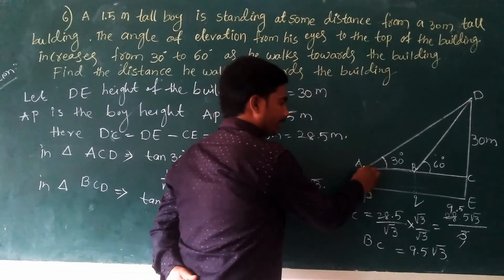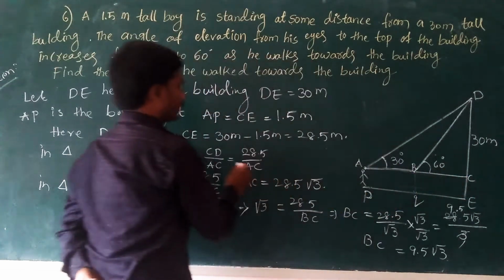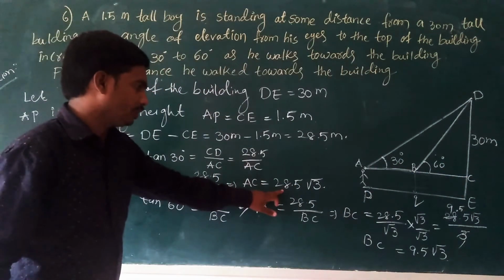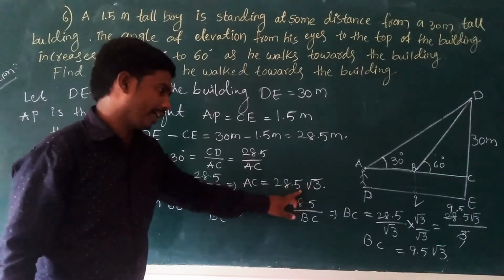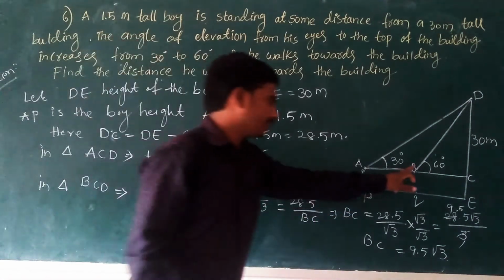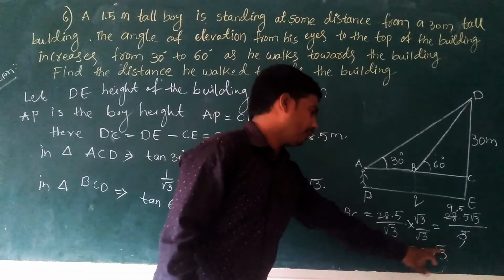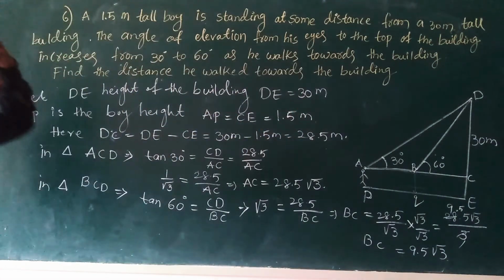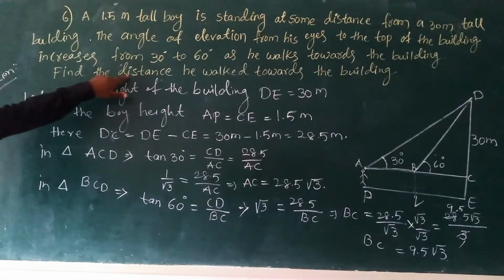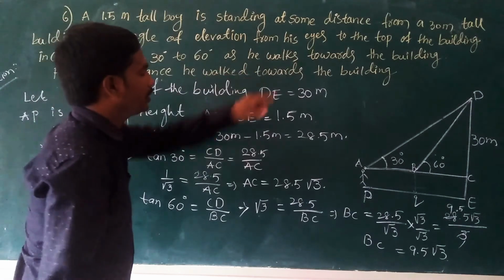First, the distance from A to C, AC, is 28.5 root 3, and the distance from B to C is 9.5 root 3. Now what do we have to find? The distance he walked towards the building.